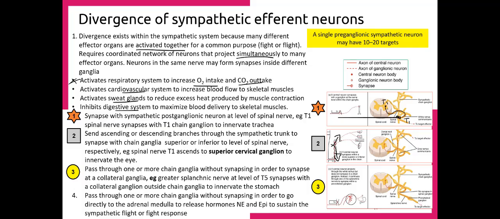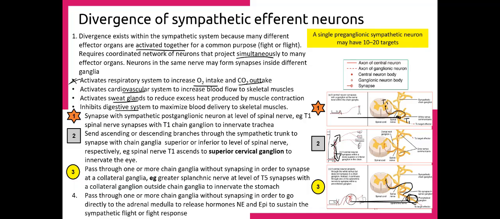And this is, again, to activate the most number of effector cells as possible. So it can either go up or go down. Third, it can actually go through the sympathetic chain ganglion to synapse with another ganglion outside of the sympathetic ganglion.